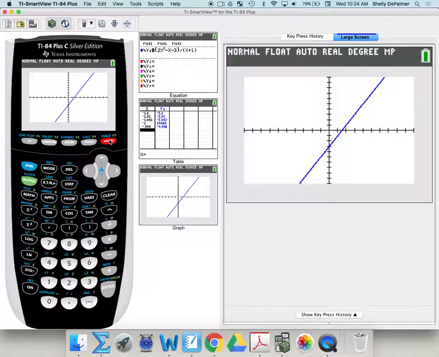It could be a straight line, but all we care about is as x approaches -1, so I'm approaching -1 from either side, which means my graph is coming up this way. What is the y value right here where x equals -1?